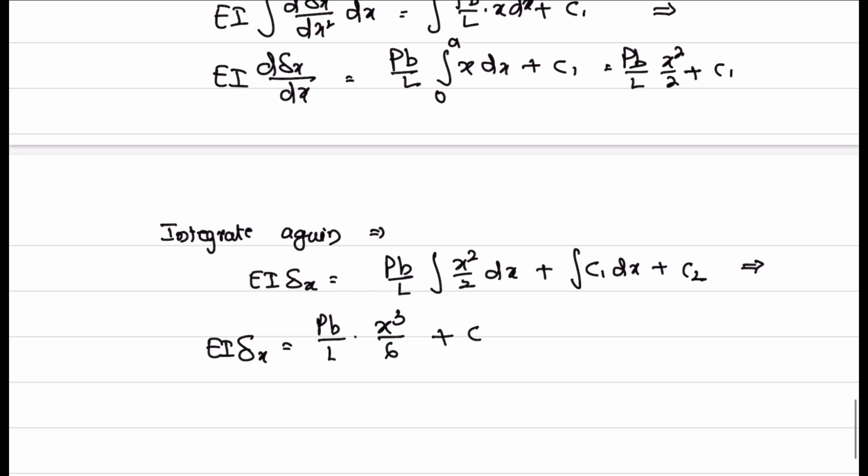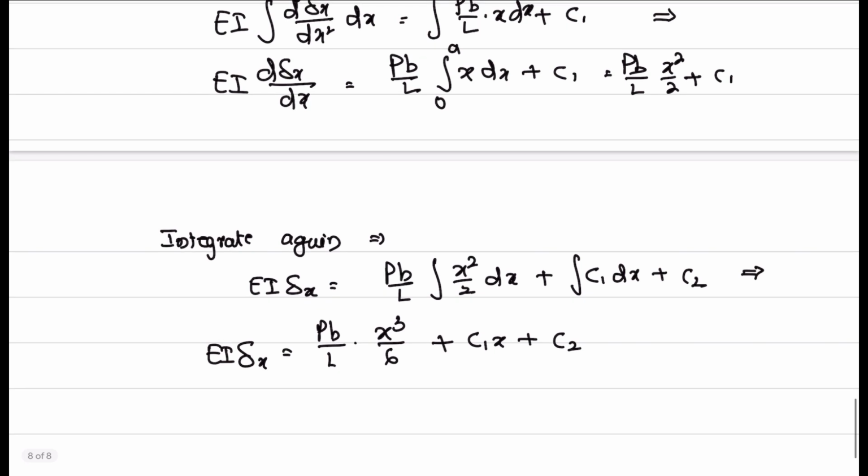C1 dx will be C1x plus C2. This is the integration constant.